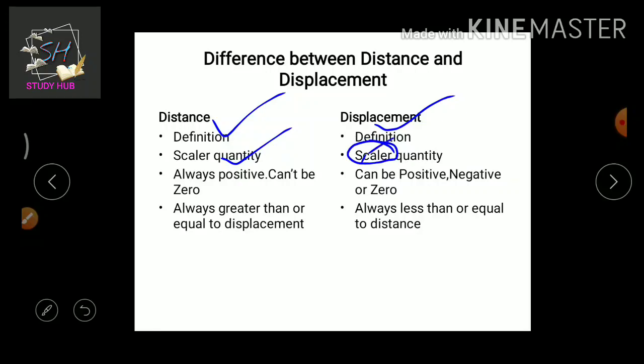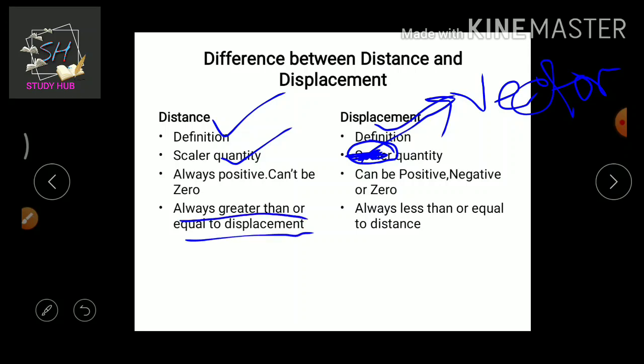This scalar should be replaced by vector. Sorry, there is a typing mistake. Displacement is a vector quantity. Distance is always positive and it cannot be 0, but displacement can be positive, negative or 0. Distance is always greater than or equal to displacement, and displacement is always less than or equal to distance.